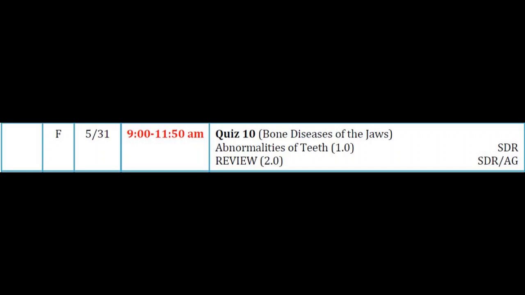So when we see a white patch, what's the first thing that we want to look around for? Any source of mechanical irritation. Do you see anything in this patient that might be causing some mechanical irritation? This part of the tongue, what do you see?